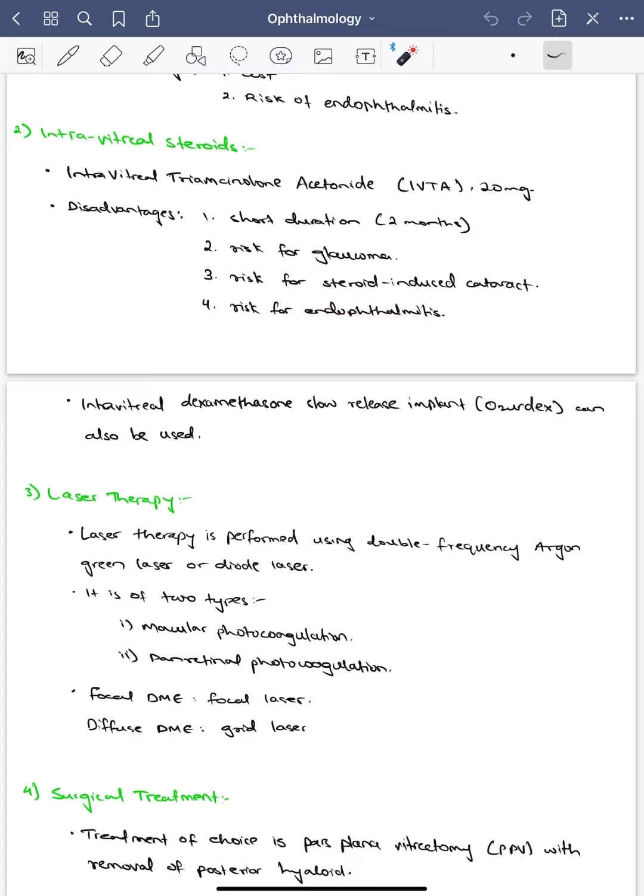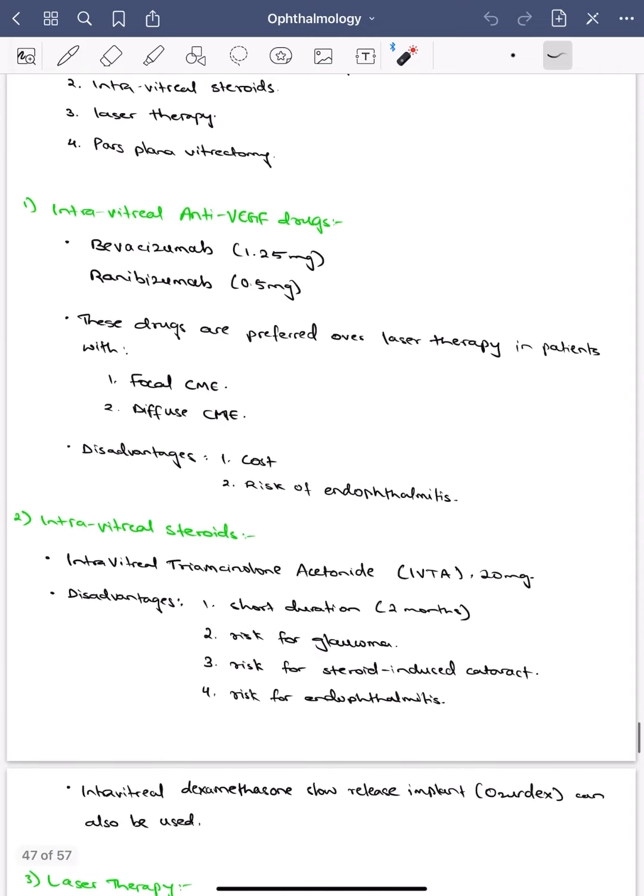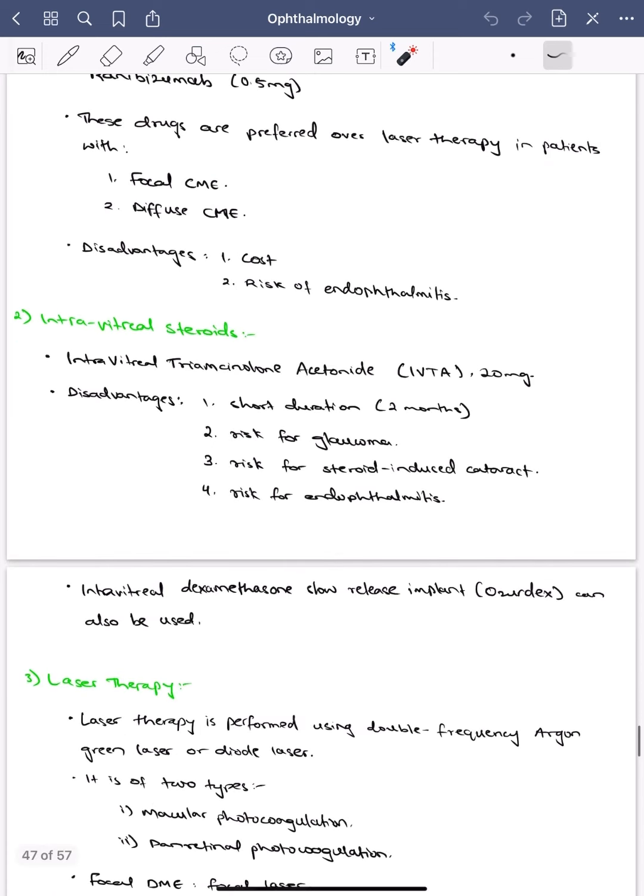Now intravitreal dexamethasone slow releasing implant, also known as Ozurdex, can also be used over IVTA because of its longer duration of action. So we discussed intravitreal anti-VEGF drugs, bevacizumab and ranibizumab. Then we discussed intravitreal steroids like intravitreal triamcinolone acetonide and intravitreal dexamethasone slow release implant.